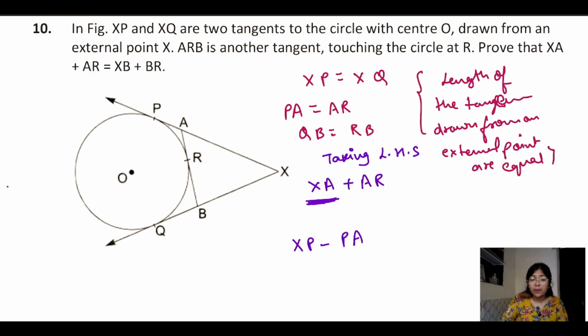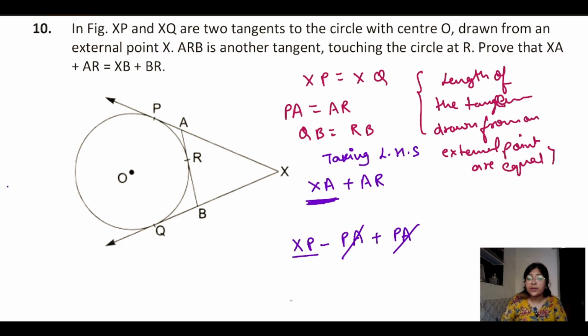So XA will come. Plus AR, which can be written as PA, yes or no? Yes. We can cancel the like terms. After solving, the LHS is equal to XP.